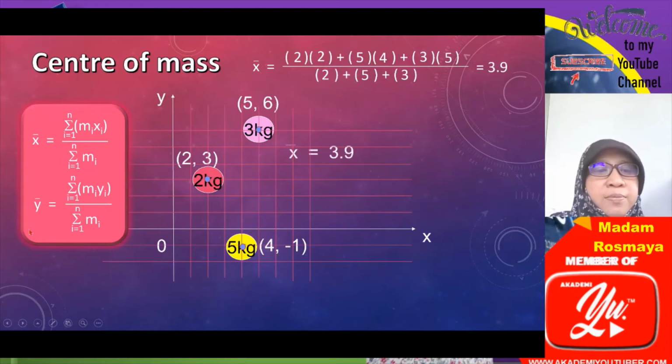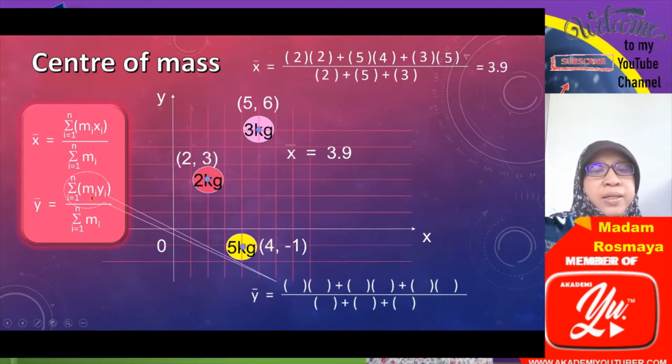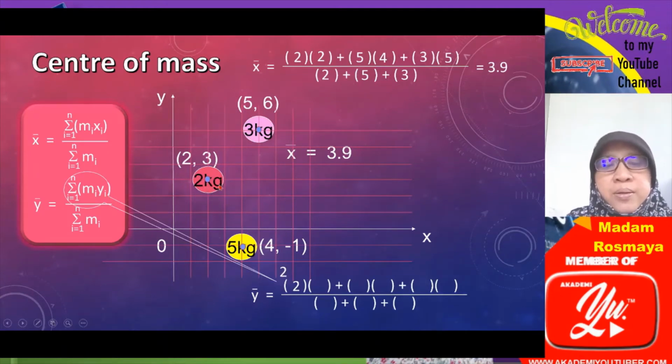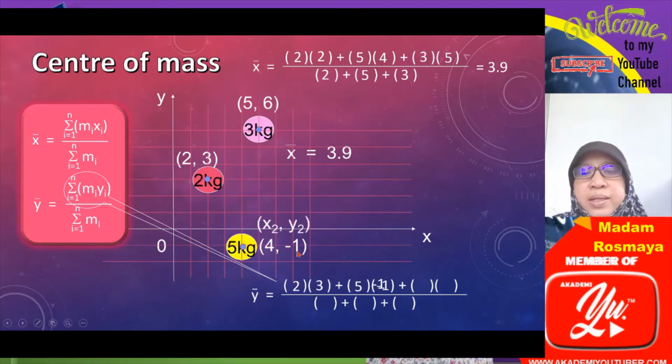So we do the same for bar Y. Okay, bar Y, the formula here, mi yi. So for the first object, mass is 2 kilogram, and y1 will be 3. Second object, mass is 5 kilogram, the y coordinate is negative 1.